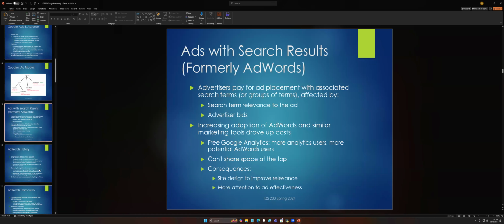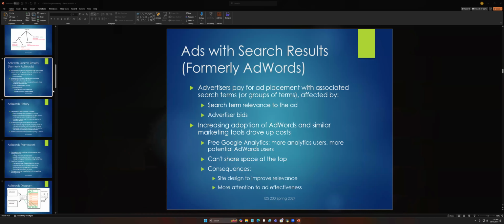Anyway, we'll talk about AdWords a little bit and then more or less call it a day here. Okay. So ads shown with search results, formerly AdWords. AdWords, again, is where ads are shown along with search results, thus words, right? And the way the ranking is chosen is number one, as a baseline, figure out the relevance of the ad to the term.